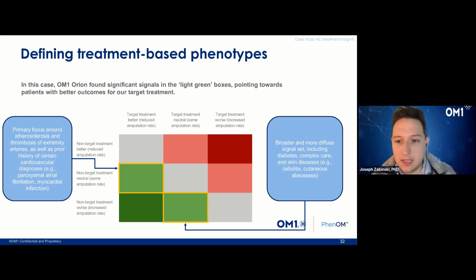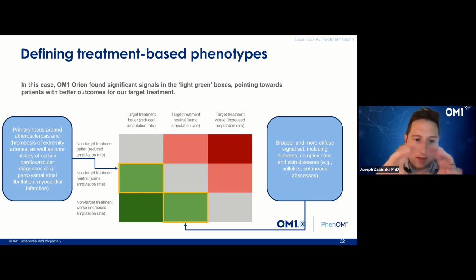And I've listed some of these things here. For example, over in this light green box, we found a phenotype of patient associated with atherosclerosis history, prior evidence of thrombosis, and various cardiovascular issues.